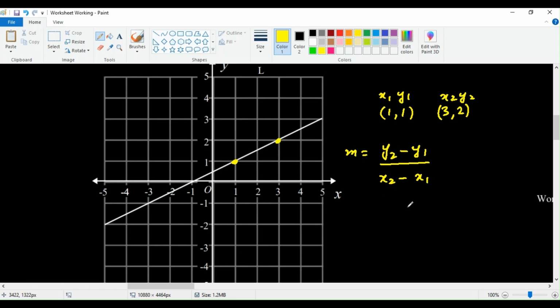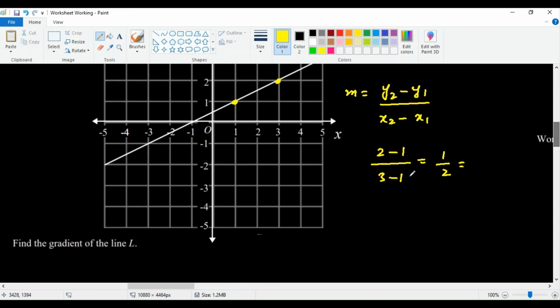So I'll fill this up: 2 minus 1 over 3 minus 1. So this is going to give you 1 over 2, which is 0.5. So the value of m is 1 over 2. This is the answer for this part.